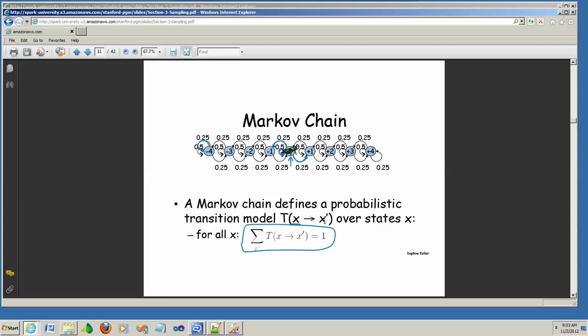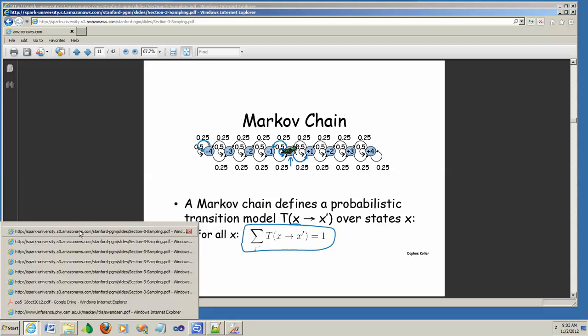For all X, the moves from X to X prime all sum to 1. The other way of reading this sigma over all X prime, the new states, is like a transition matrix. But in this slide it's given as a summation.